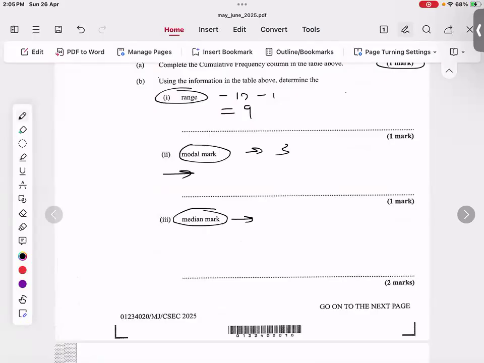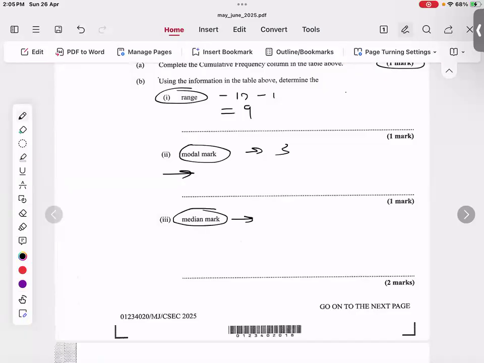Mode is defined as the observation that occurs the most, or the observation that has the highest frequency. So that's a formal definition of mode.